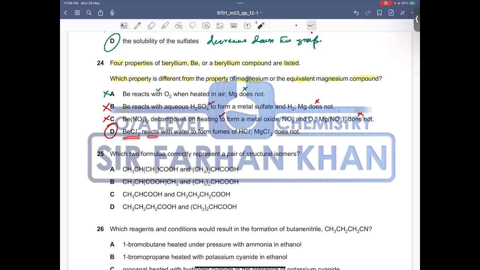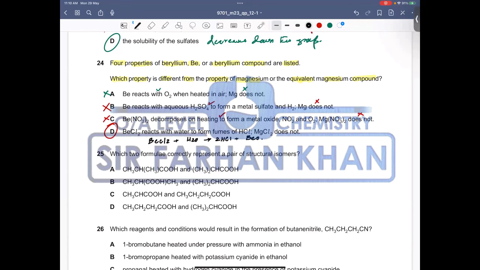Beryllium chloride reacts with water to form fumes of HCl. That's absolutely correct, because BeCl2, when it reacts with water, will turn to HCl plus BeO.